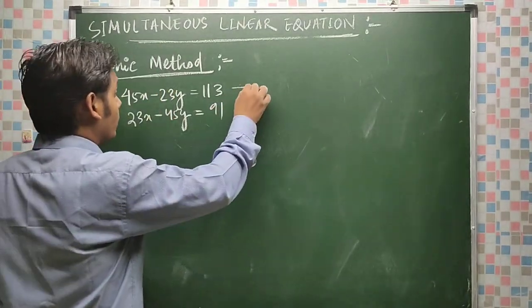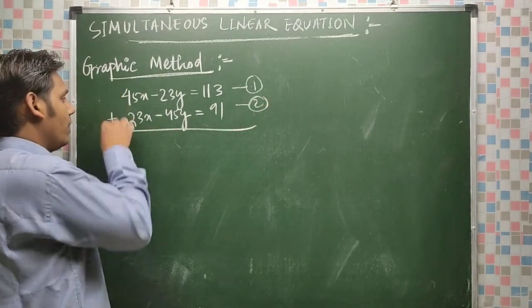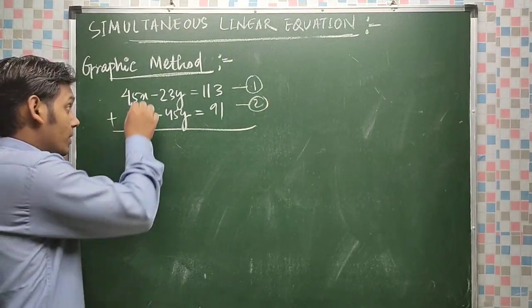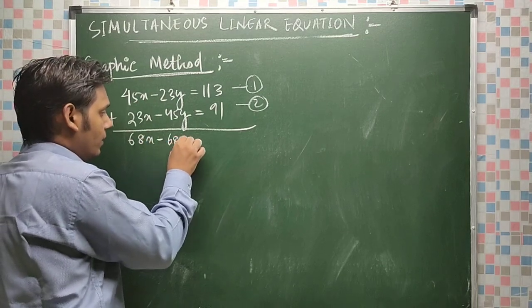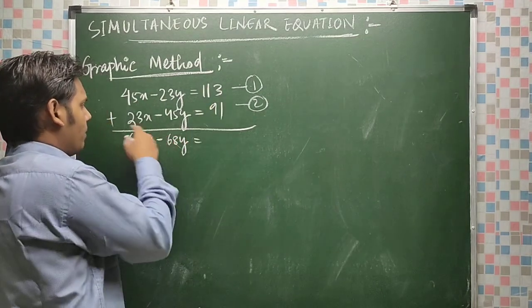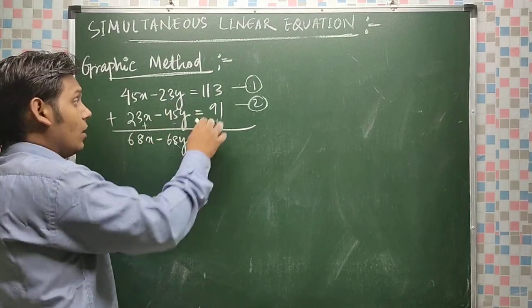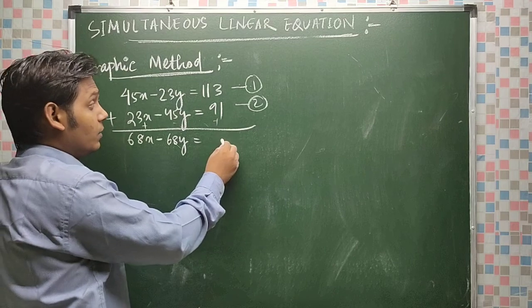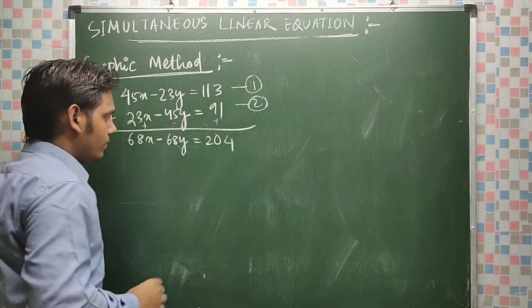So this is equation 1 and 2. What I told, there only you have to add. So how much will it be? 68x minus 68y, and plus 113 plus 91 makes 204.